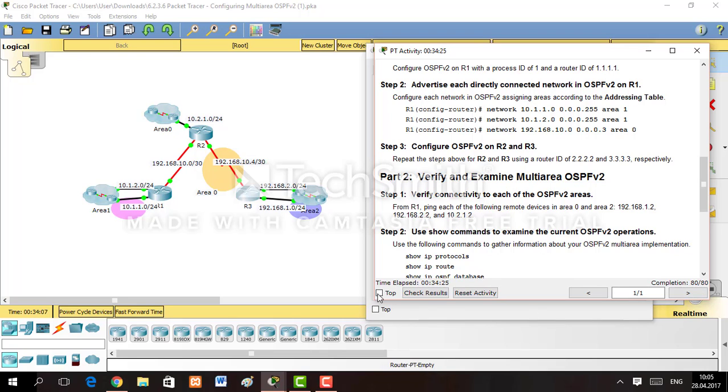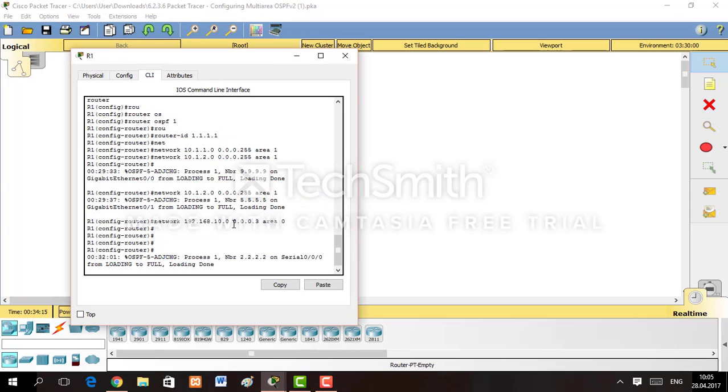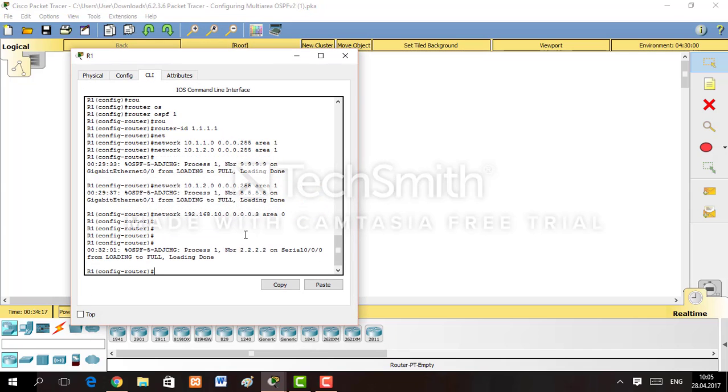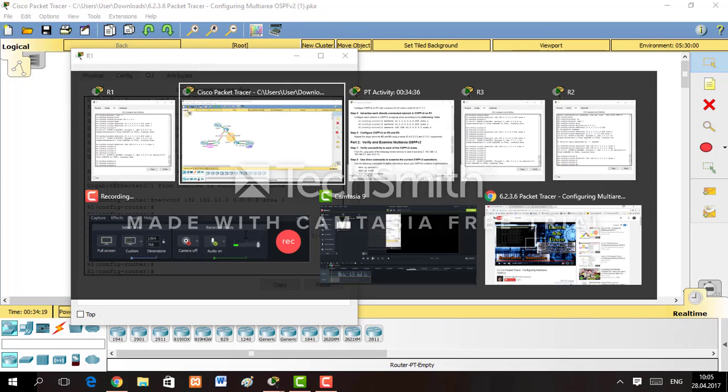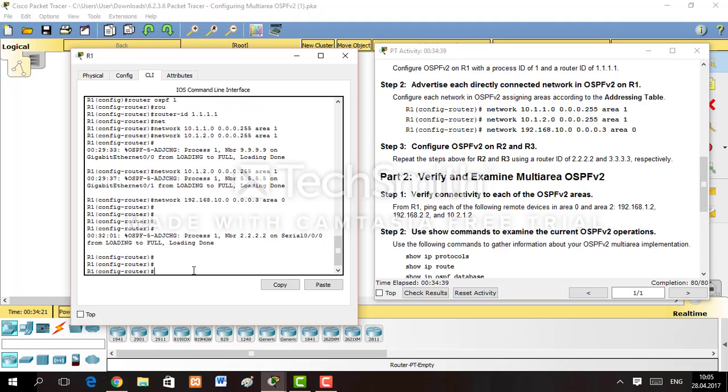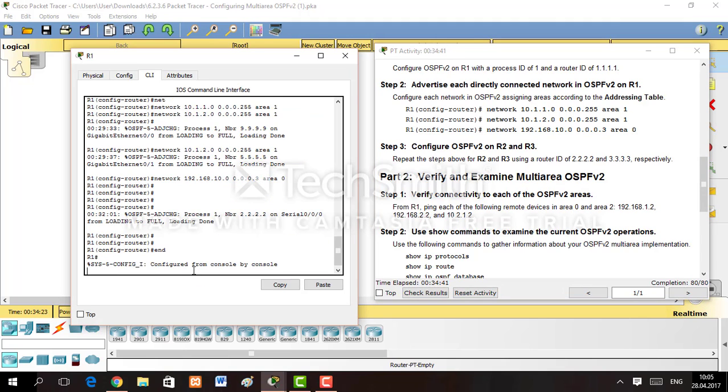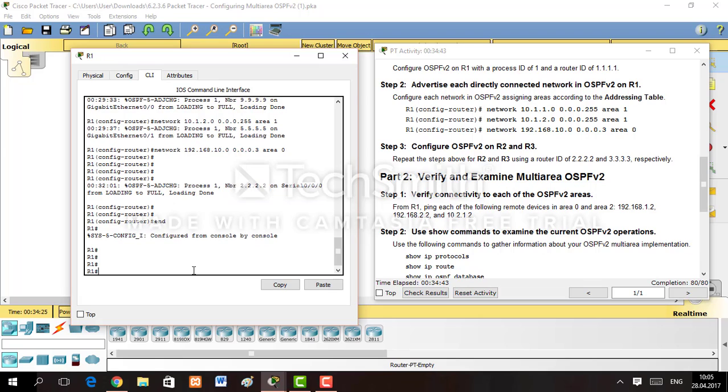From router 1, ping each of the following remote devices. Okay, router 1. Let's do ping 192.168.1.2.